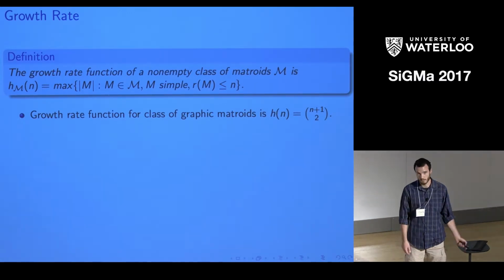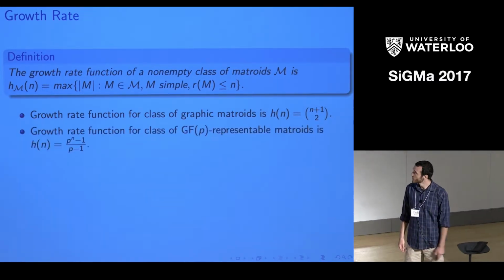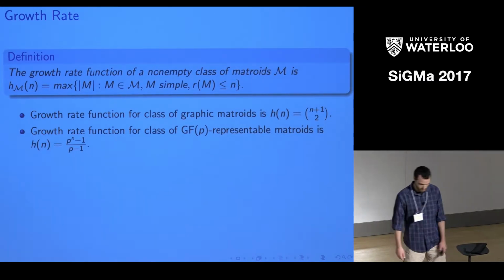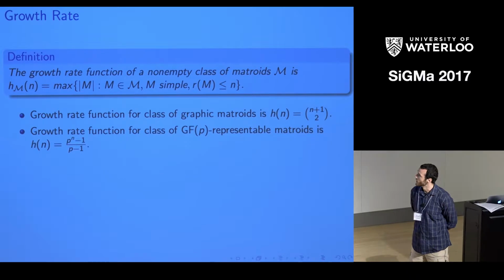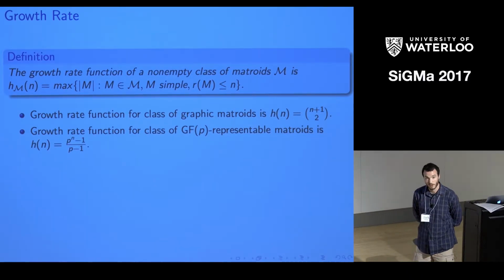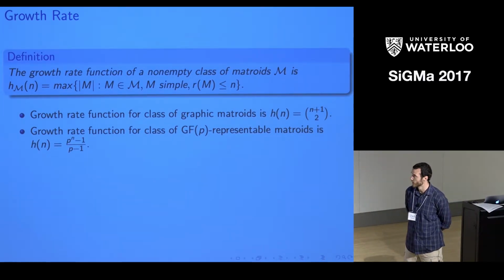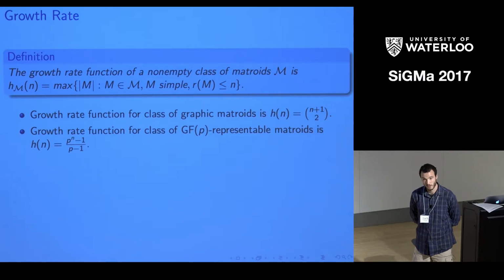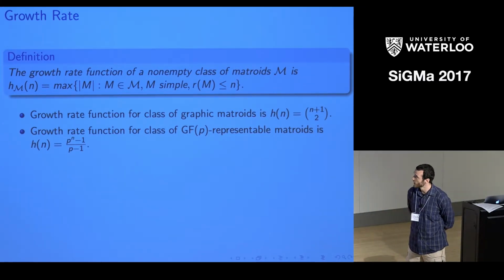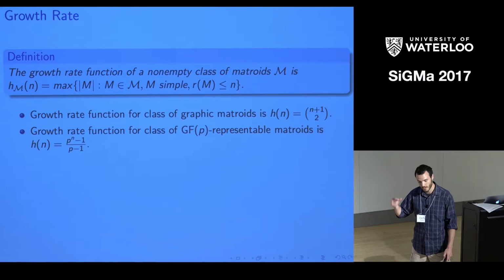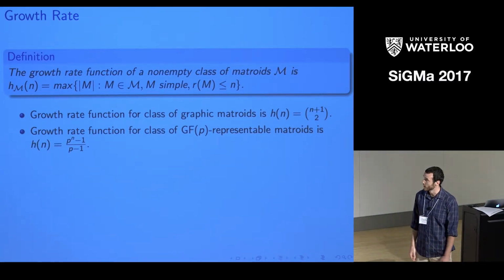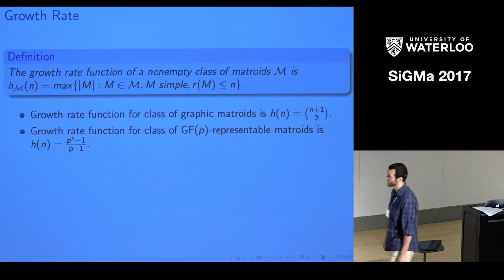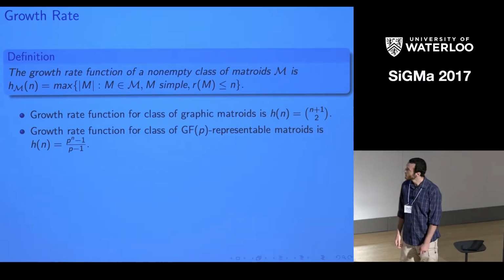And equality is attained by cliques. And the growth rate function for the class of GF(p) representable matroids is (p^n - 1)/(p - 1), because a GF(p) matrix with at most n rows has at most that many non-zero columns such that no two are parallel. And of course, equality is attained by projective geometries.